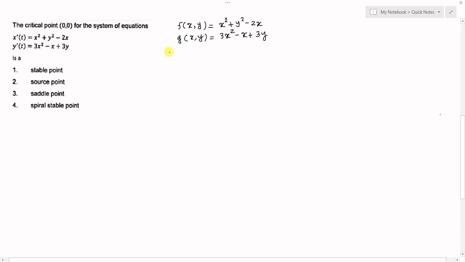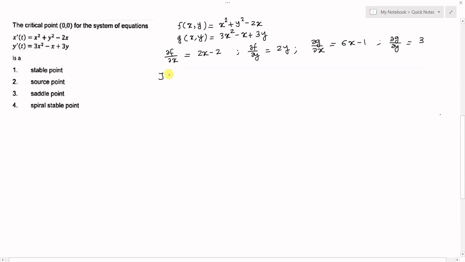If we differentiate partially with respect to x and y, then we have ∂f/∂x = 2x − 2, ∂f/∂y = 2y, ∂g/∂x = 6x − 1 and ∂g/∂y = 3.